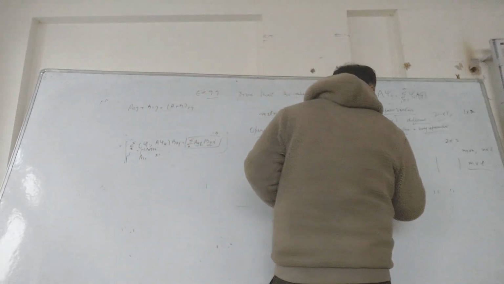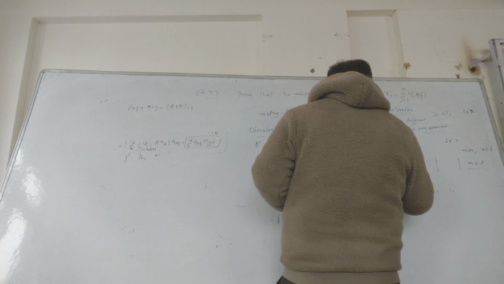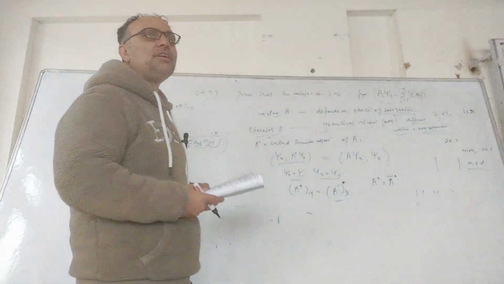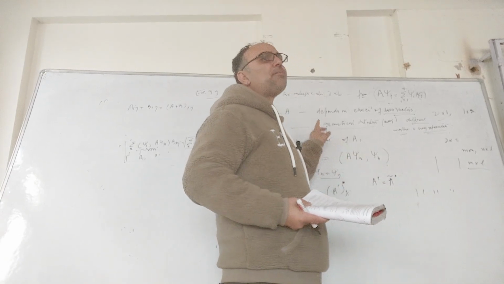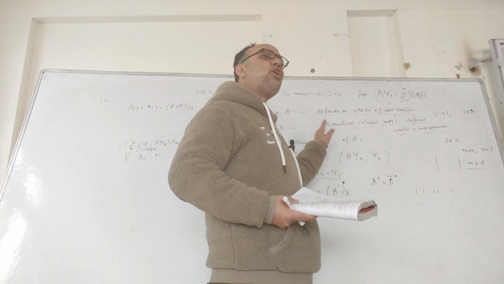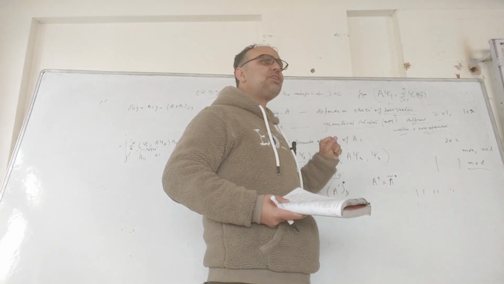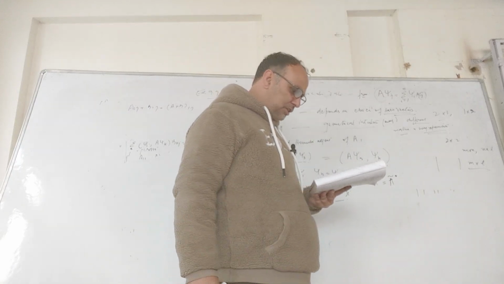And for this, A dagger, the property of complex conjugation, is the transpose of the complex conjugate matrix. So we are basically dealing with Hermitian properties, Hermitian conjugate, Hermitian operators, which are very much used in quantum mechanics. So we are going to enumerate their properties and their inner product.